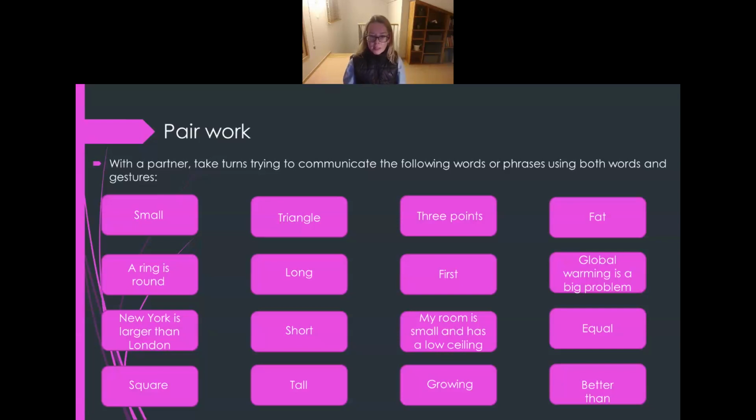For example, what gesture would you make for a triangle? Or what gesture would you make to show that something was small? Something like that. So yes, please pause this and practice doing some gestures. Okay, so 10 minutes finished. I'm moving on. Hopefully you guys had fun practicing all those.